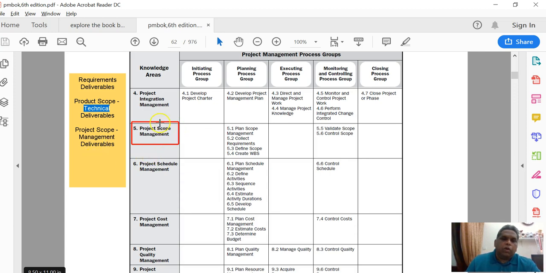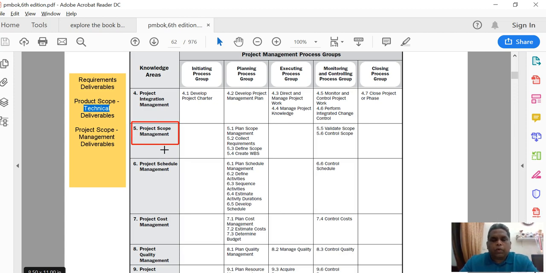So when we talk about project scope management, it's very important that we capture the product and the project scope as we work on managing scope on the project.